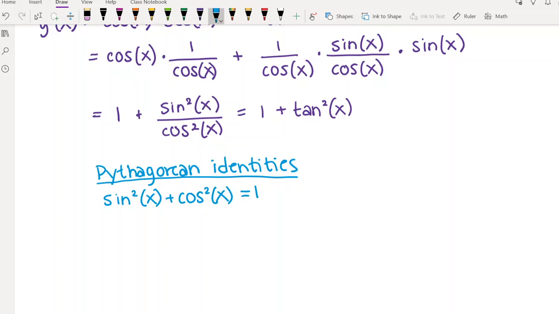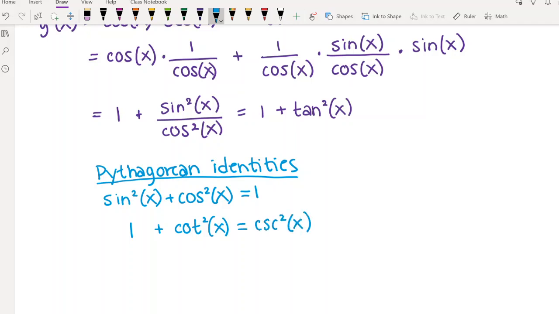Then there are 2 others, and I honestly don't really memorize them, I just memorize this one, because you can get the other 2 by taking this equation and dividing everything either by sine squared or by cosine squared. For example, if we divide every single part of it by sine squared, we end up with 1 plus cosine squared over sine squared, that is cotangent squared, and then 1 divided by sine squared gives us cosecant squared.